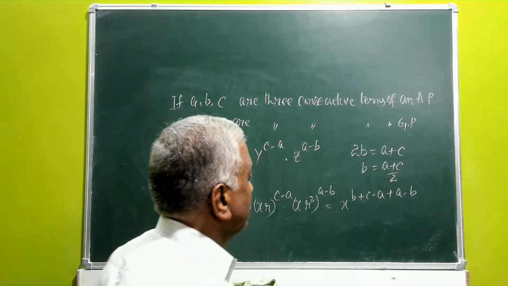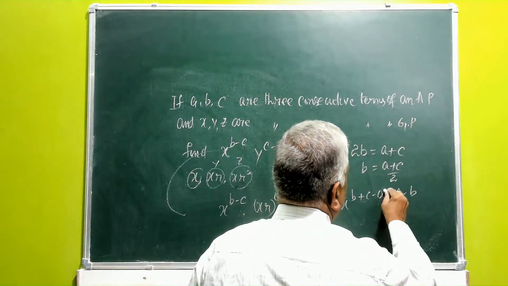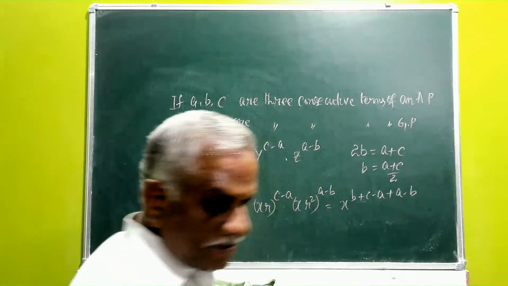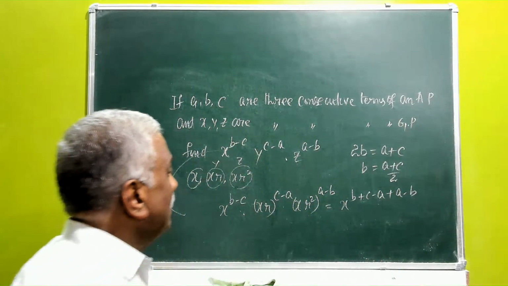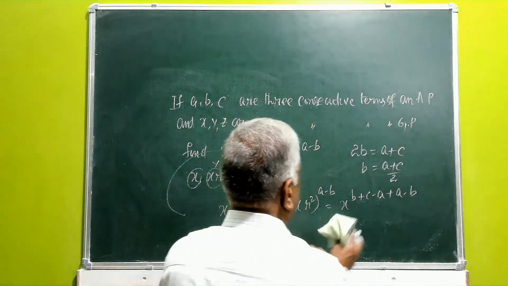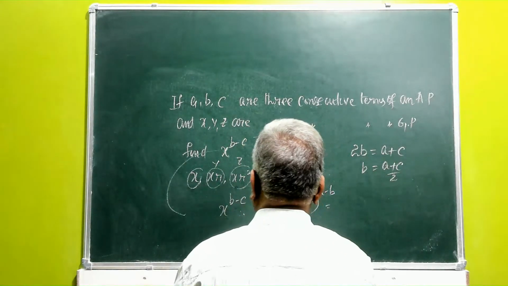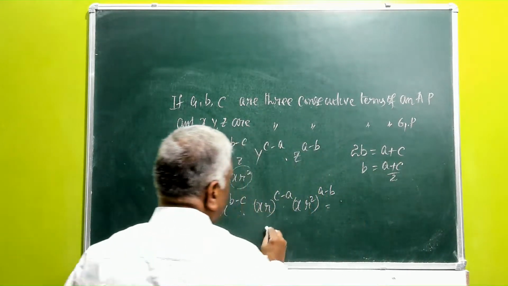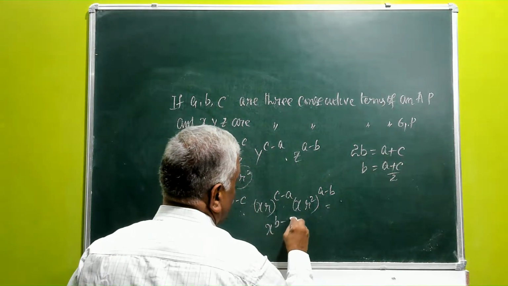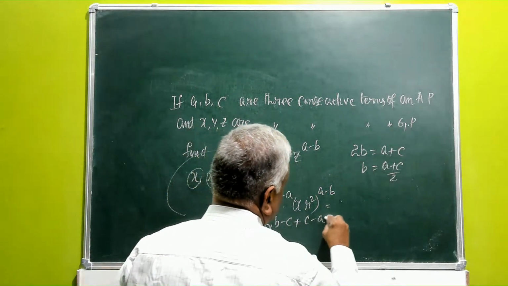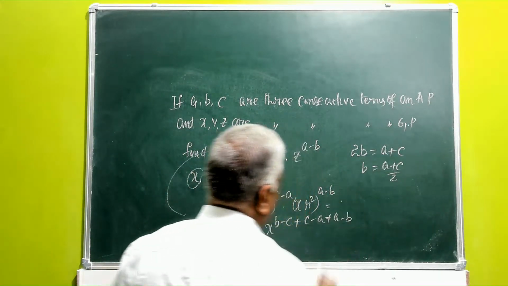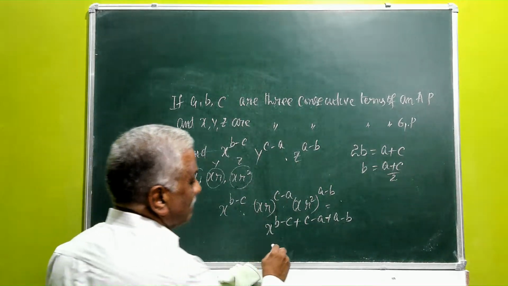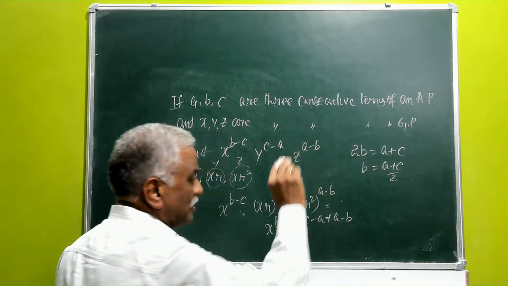So what will happen is, x to the power of b minus c plus c minus a plus a minus b. Everything will cancel, you get x to the power of 0, that is 1.